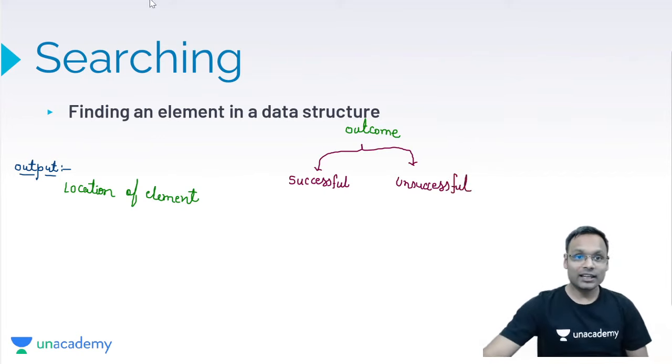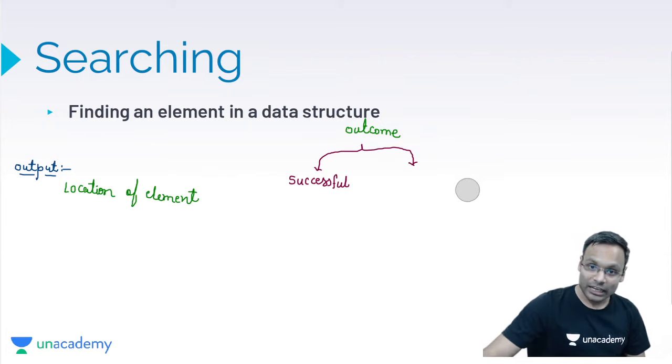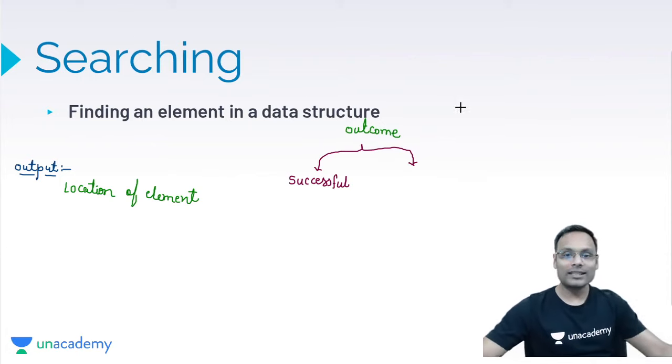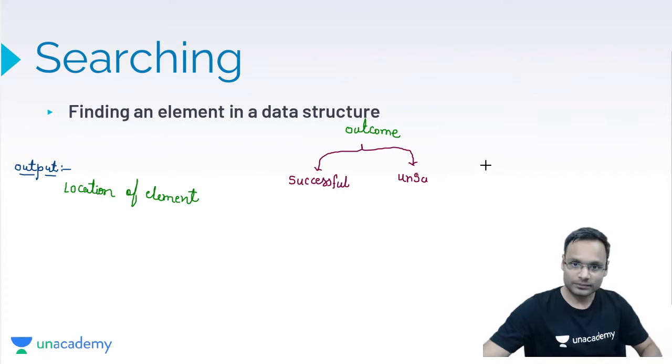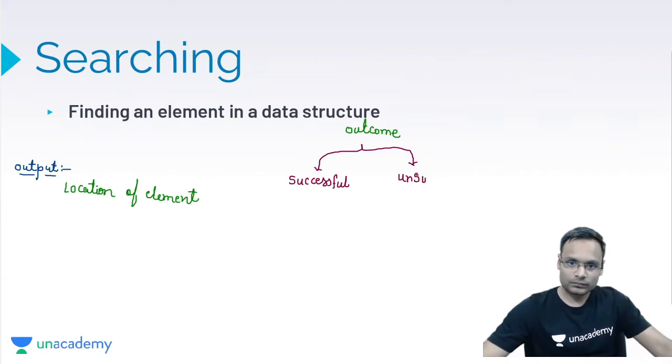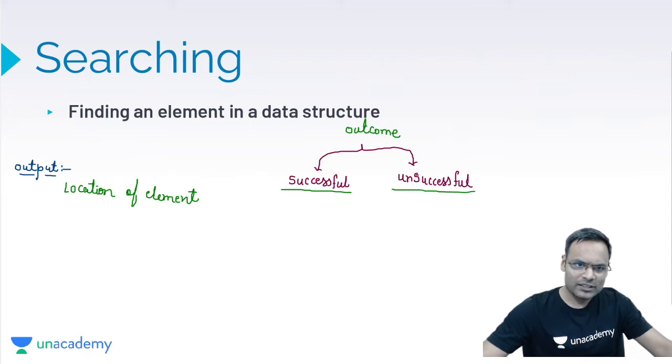Successful means you have tried searching for an element and you got the success. You are able to trace down that element, which means the element is present in the data structure. So for a successful search, the definition is: element present in data structure.